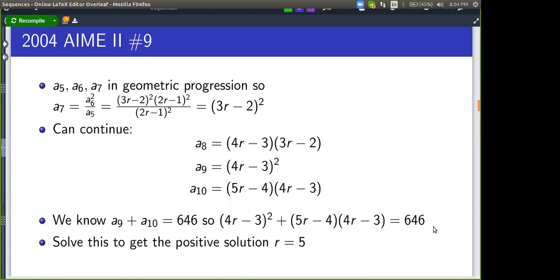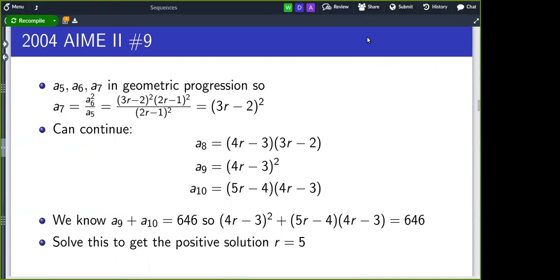Now this is a quadratic, and you can solve it, and you take the positive solution, R equals 5. Alternatively, you can factor it and eyeball the solution, and then you can convince yourself that the other solution of the quadratic is negative, so we don't need to worry about it. The other one, I think, is negative 25 over 36 or something. It's not going to give us a sequence of positive integers.